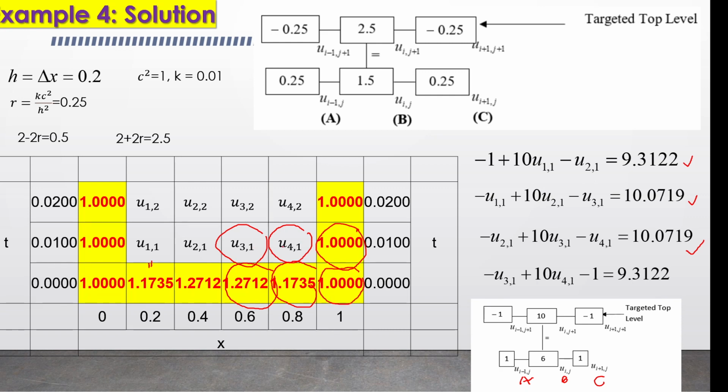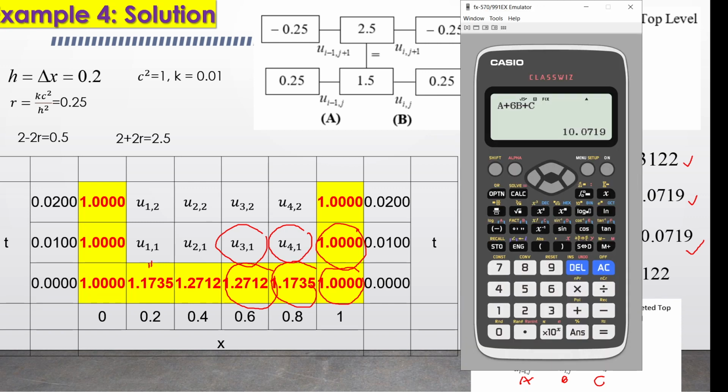You have negative U31 plus 10 U41 plus minus 1 equal to A plus 6B plus C, where A, B, C are the left bottom, center bottom, and right bottom cells. So A is the same, B is 1.1735, C is 1.